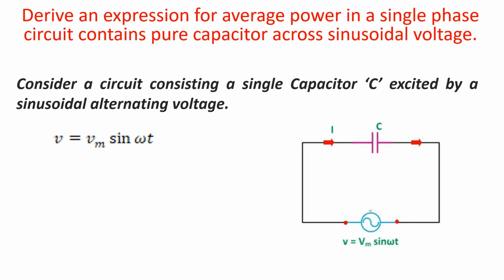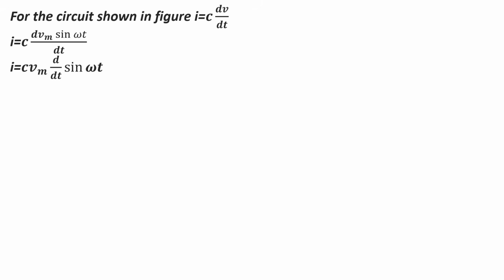For the circuit shown, I equals C dV by dt. By substituting V equals Vm sin omega t, I equals C into d by dt of Vm sin omega t. Taking Vm as common, I equals C Vm d by dt of sin omega t.